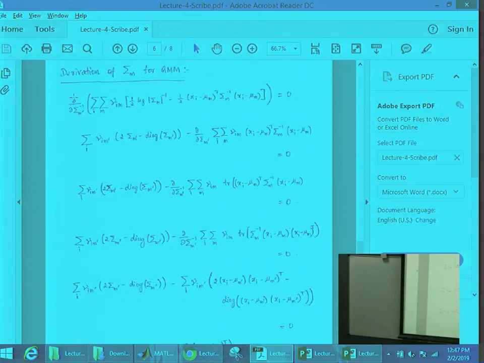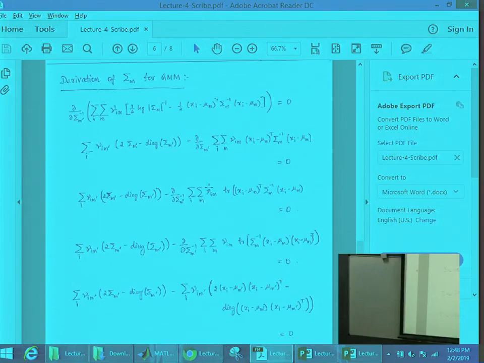Now we spread this partial derivative inside the sum, and as the second summation is over m and the index is m dash, only one of the terms in the sum will contain m dash, so keep only that term. And similarly for the second term also we do the same thing.